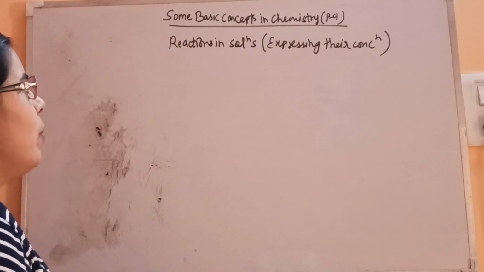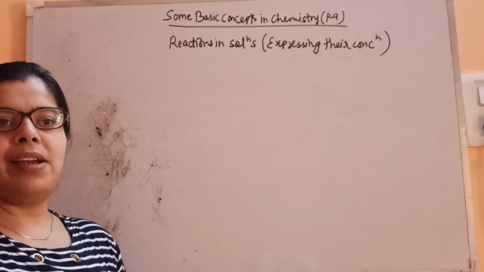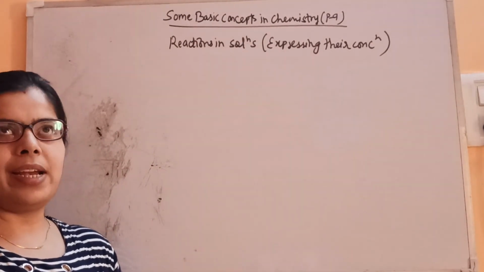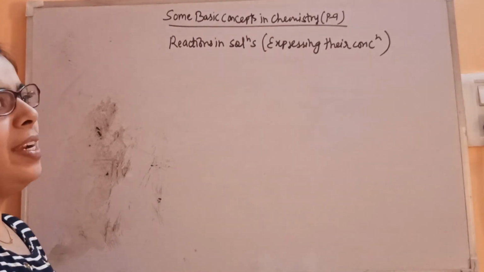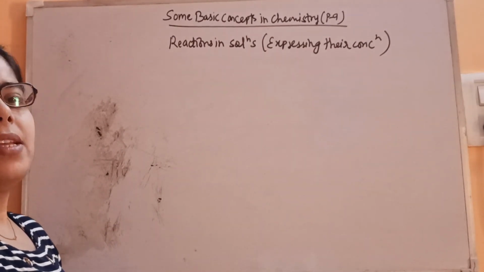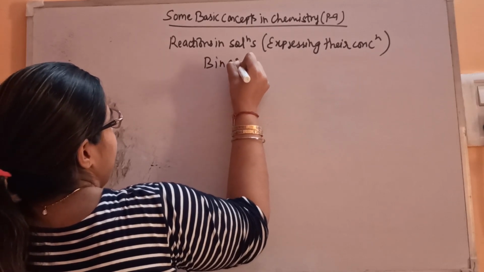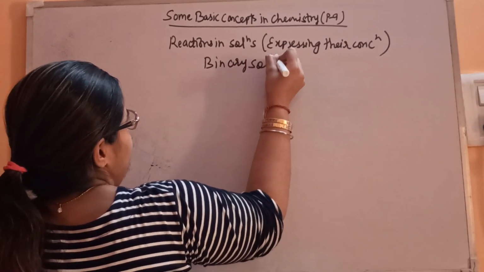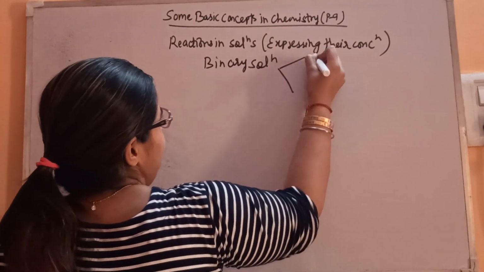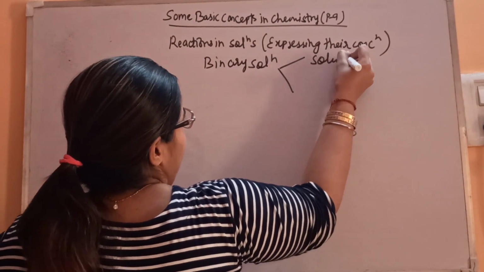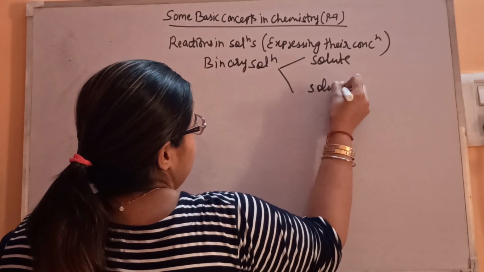All of you know, you have studied in 9th standard, what a solution is. The solution which you have studied is the binary solution, which consists of two components, solute and solvent, that you already know.